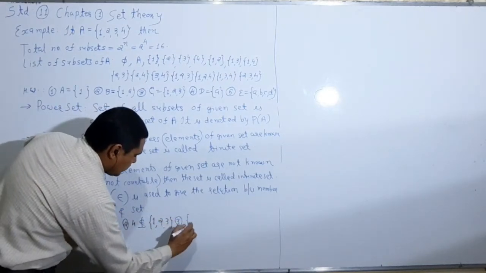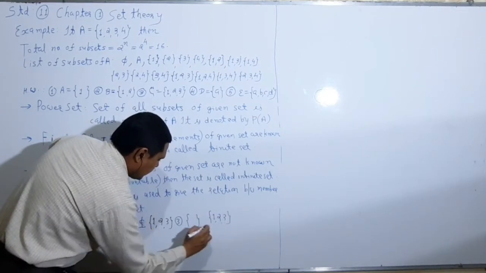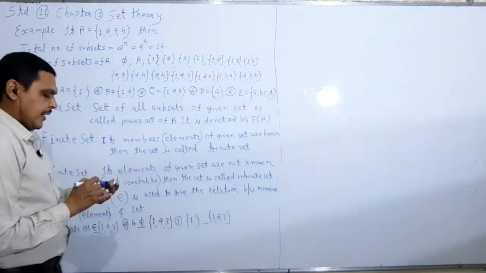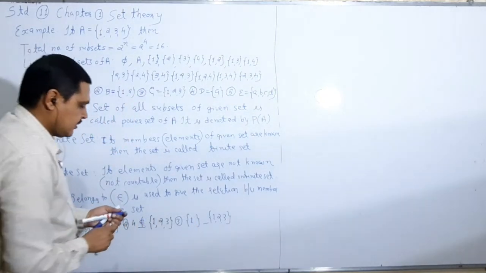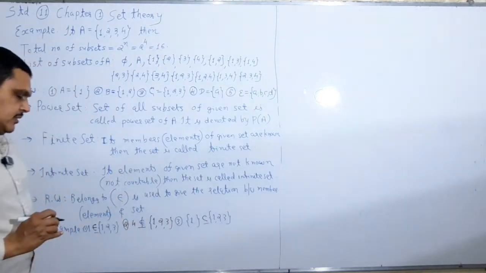Now, if there is a set on both sides of the blank in a fill in the blanks, then we have to put subset.